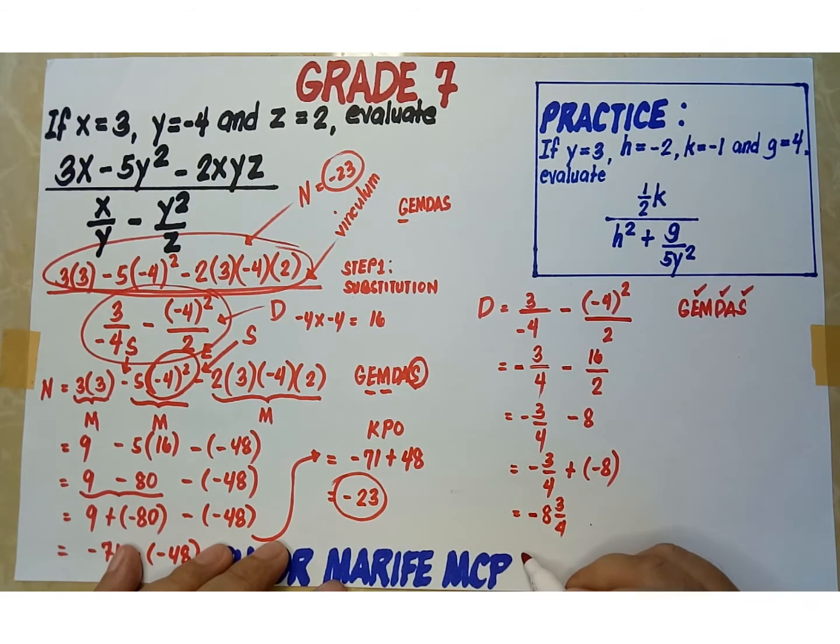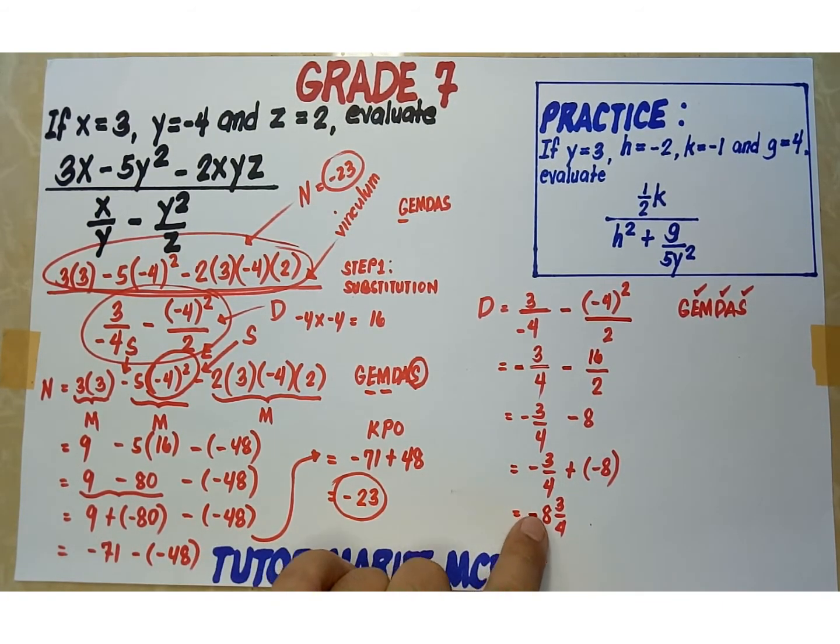We change this into an improper fraction. How do we convert a mixed number to an improper fraction? Multiply the denominator and the whole number part. After getting their product, you add it to the numerator. So 4 times 8, 32.